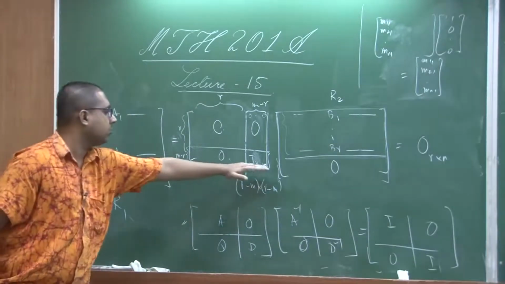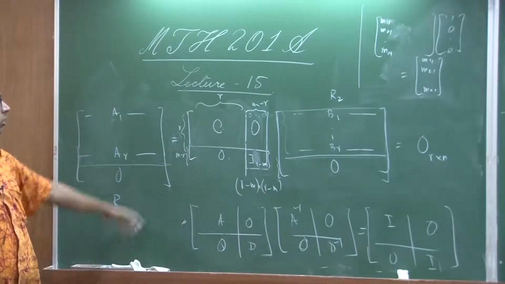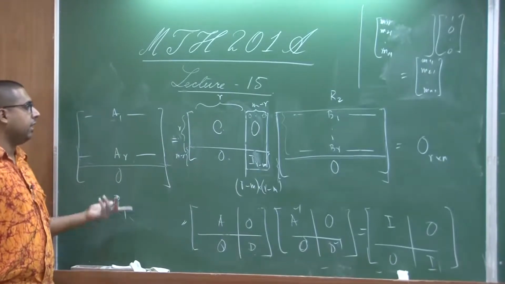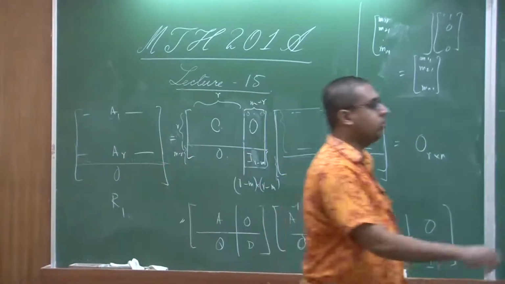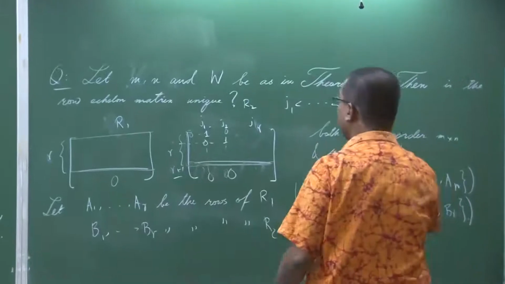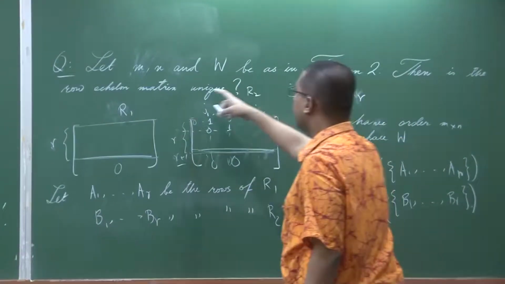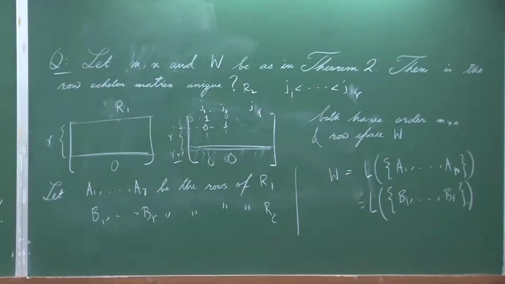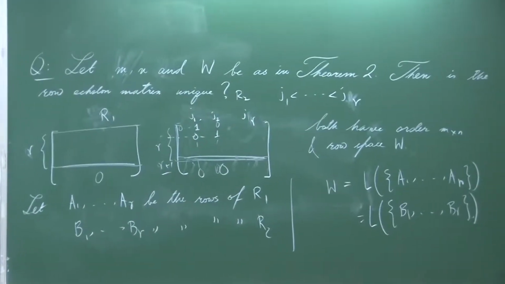Exactly that is why this matrix is invertible, because already you have seen C is invertible, and that shows R1 is equivalent to R2, since both of them are row echelon matrices. So, R1 will be equal to R2. That answers this question positively.